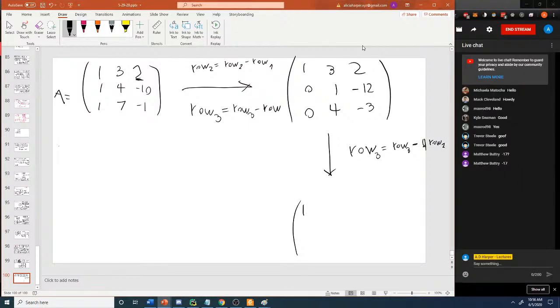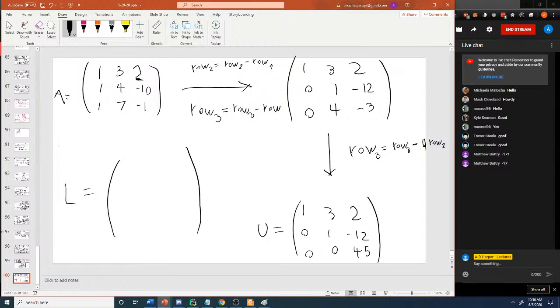If I do that, I get 1, 3, 2, 0, 1, -12, and then 0, 0, let's see, -4 times -12 is 48, 48 plus 3 is 45. Okay. So this matrix right here is now in upper triangular form, and we call it U. And now we can figure out what our matrix L is.